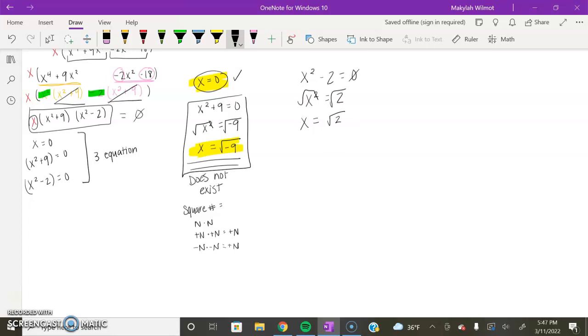This can be, just like we talked about down here, positive or negative. And so I don't remember how to write it out, but let me figure out what the square root of 2 is right quick.